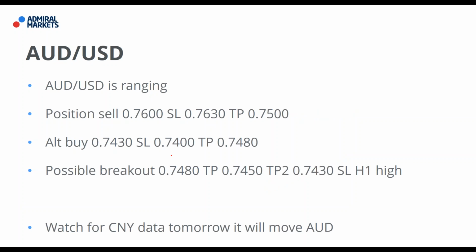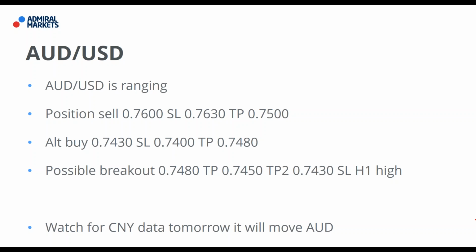Australian dollar is ranging. 76.00, 76.30, stop, TP 75, or alternative buy 74.30, 74.00, stop 74.80 TP, and breakout if 78.40 is broken to the upside.